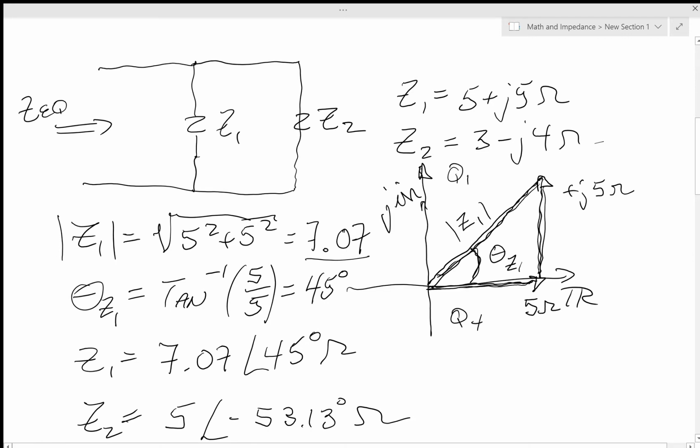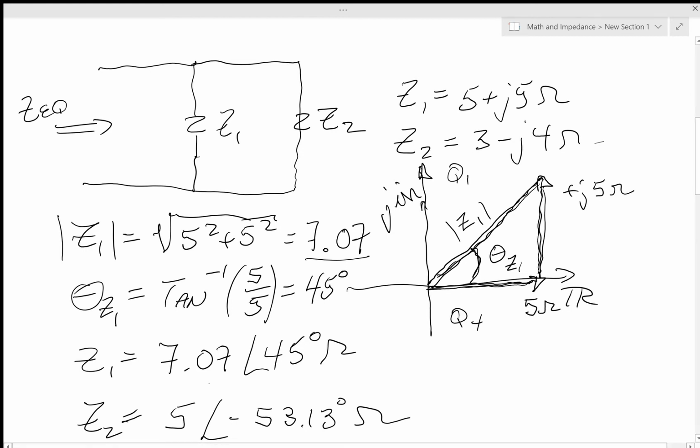I want the angle theta of Z1, and that's going to be tangent inverse of opposite over adjacent, 5 divided by 5, and that gives me 45 degrees. Again, cosine is an even function. You can't get negative numbers out of it. Sine and tangent are not even, so you're going to get negative or positive signs depending on what you input.